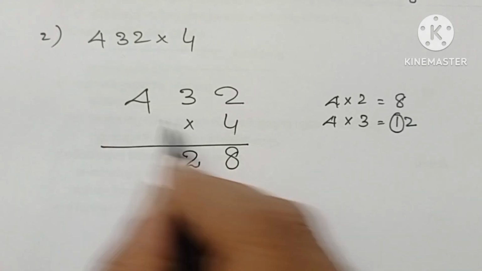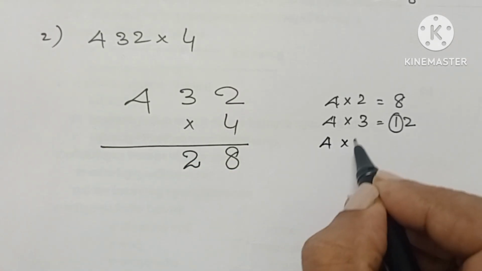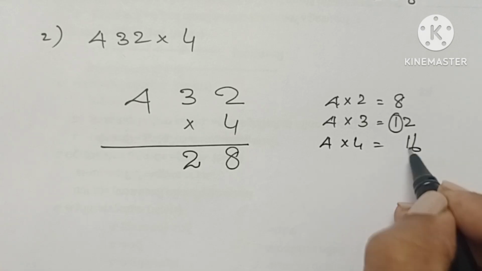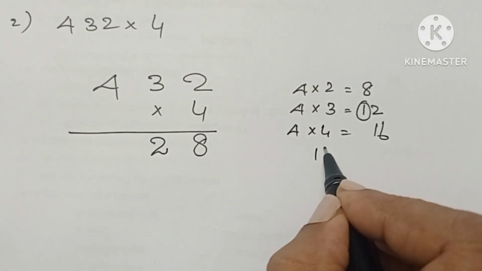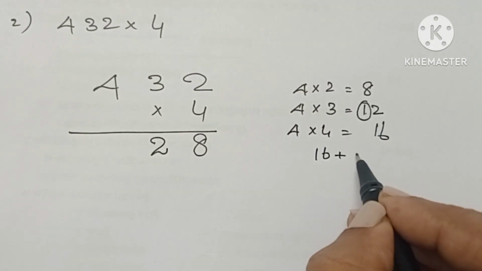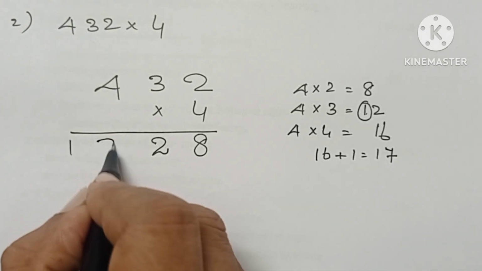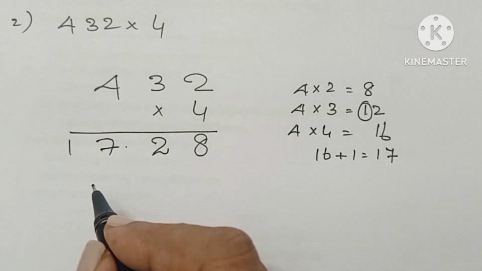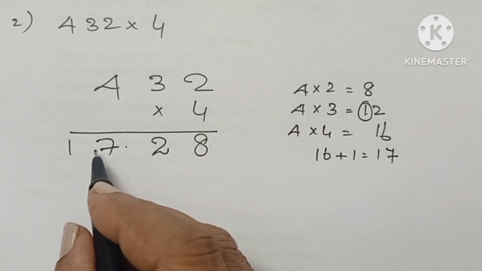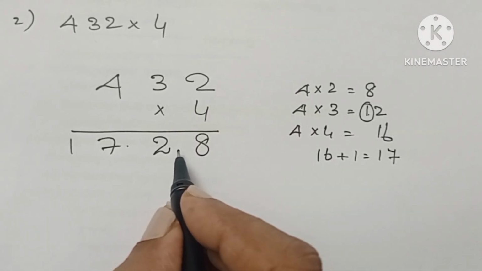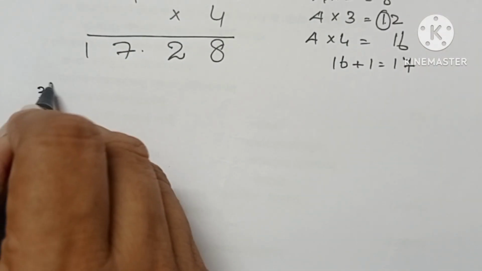Next one, 4 into 4 is 16. 16 plus 1, 17. We are writing 17. Therefore, the answer is 1728.